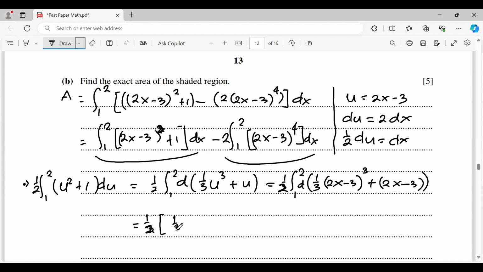So this is half times [1/3 times (4 minus 3) cubed plus (4 minus 3)] minus [1/3 times (2 minus 3) cubed plus (2 minus 3)].